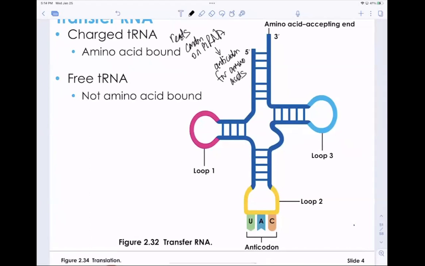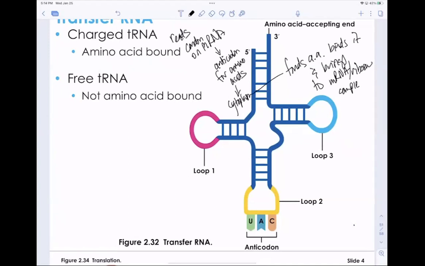It then goes out into the cytoplasm, finds the amino acid, binds it, and brings it to the messenger RNA ribosome complex to add to the protein structure being built.